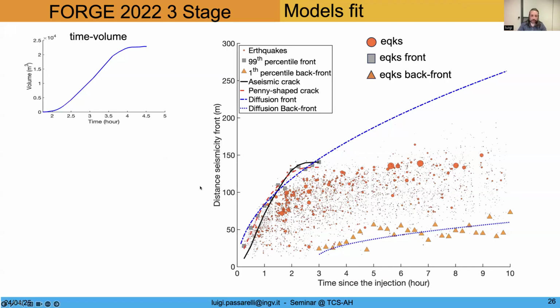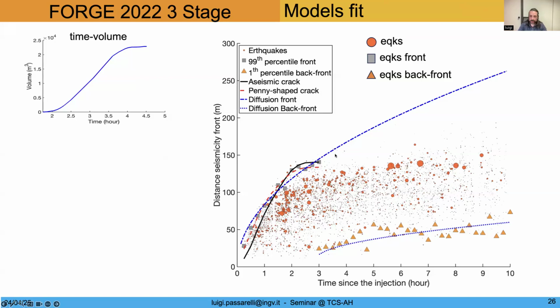For the two models depending on the volume, I use the time-volume transfer function to have everything on the same plot. And in this case, I fit the data of the distance-time plot against the propagation front, which is depicted by the 99th percentile of the distance traveled by the seismicity front. So basically the gray squares.